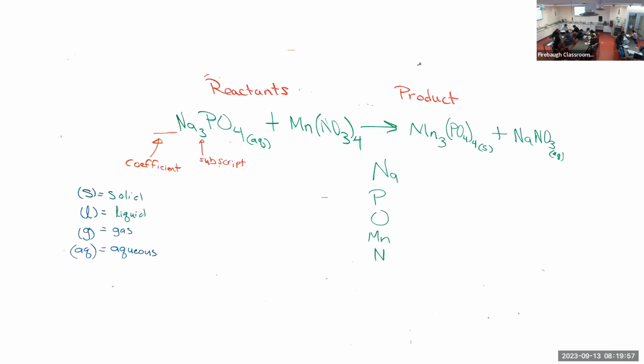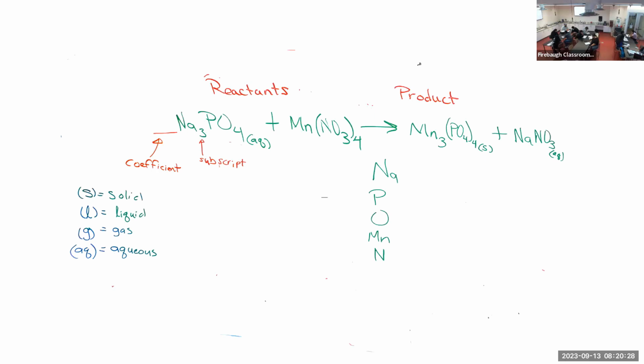Okay, so the subscripts help us understand the chemical formula. That can't change. So that has to always be the same. So you got to make sure that you have the right subscripts. Otherwise, your balanced chemical equation is going to be wrong. Okay, but the coefficient we can actually change. So we can't change this. This is set in stone, based upon our chemical formula. But our coefficient we can change to balance out the chemical equation.